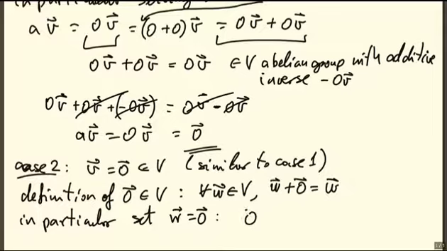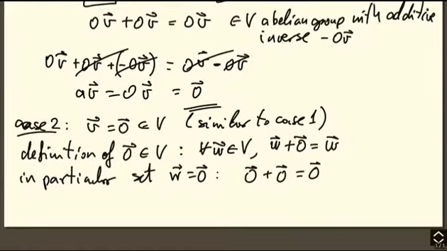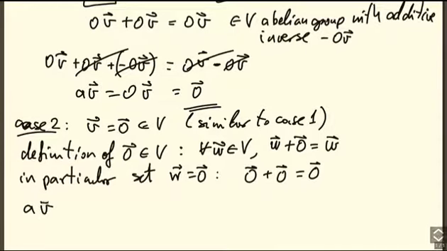So what we get is that 0 plus the 0 vector is the 0 vector. And then we write A times the vector V, which is now A times the 0 vector. Substitute the 0 vector with 0 plus 0.